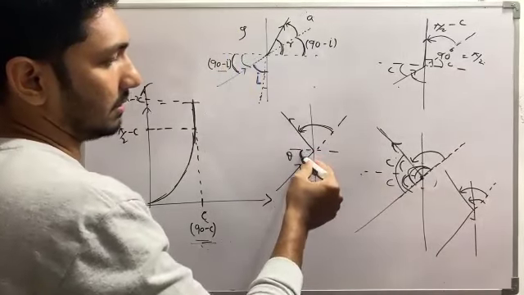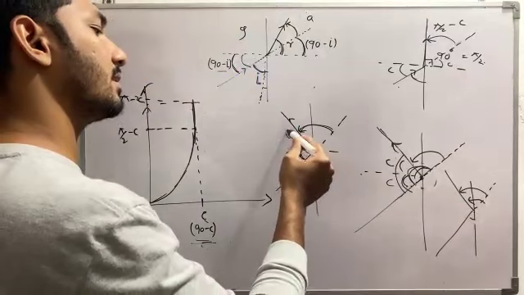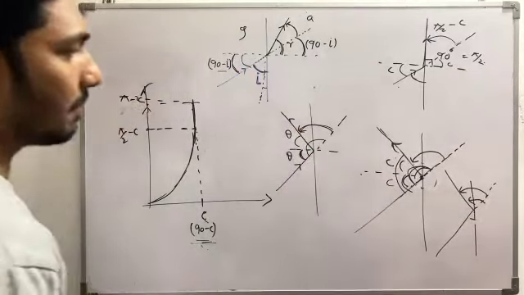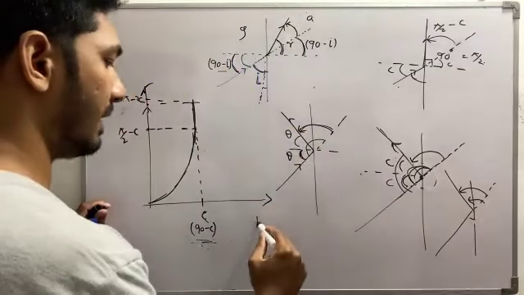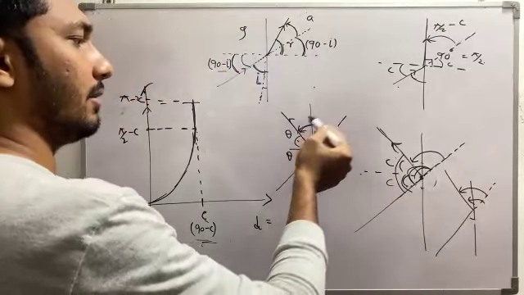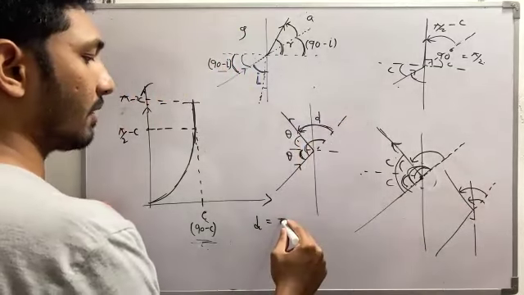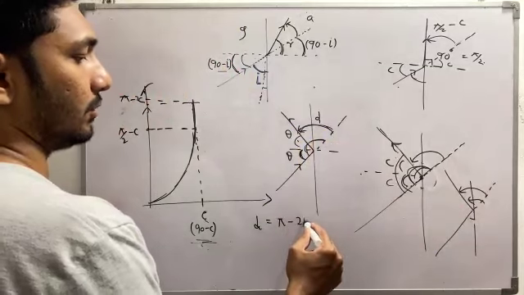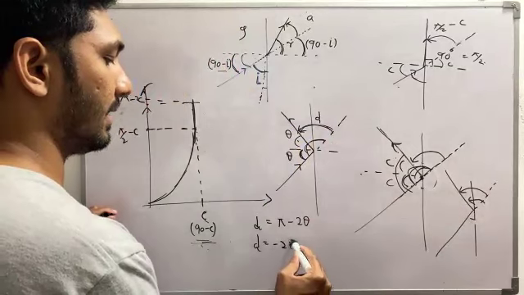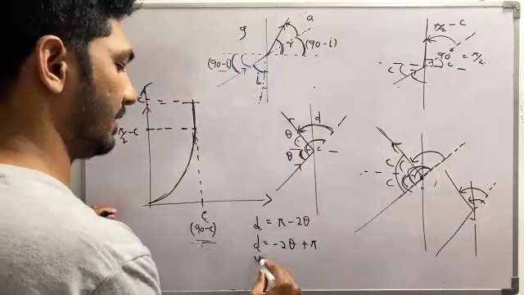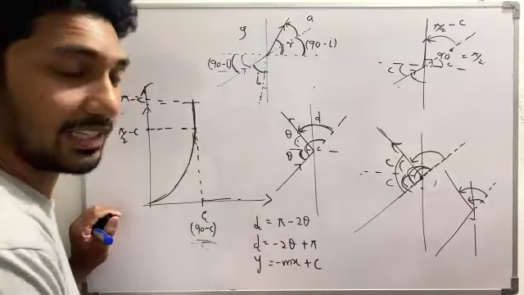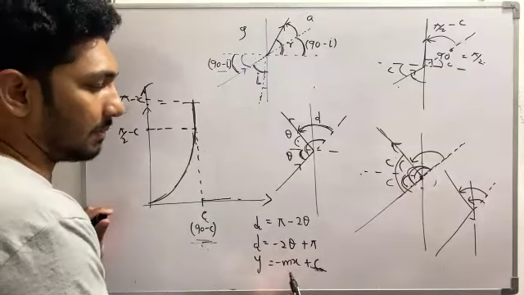This is theta. This is also theta. The total will be 180. Then the deviation is equal to 180 minus 2 theta, which is pi minus 2 theta. So you can see it follows y equals minus mx plus c. So after that, it will be a straight line graph with a positive intercept and negative gradient.